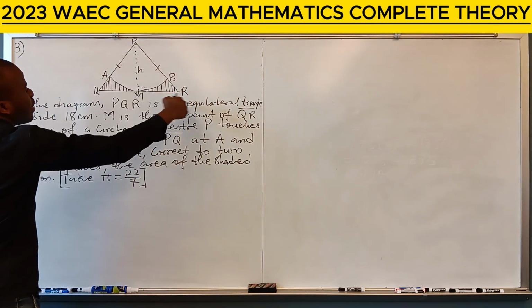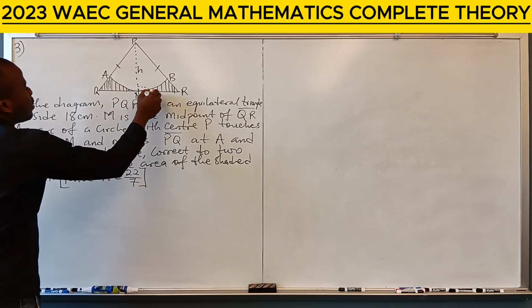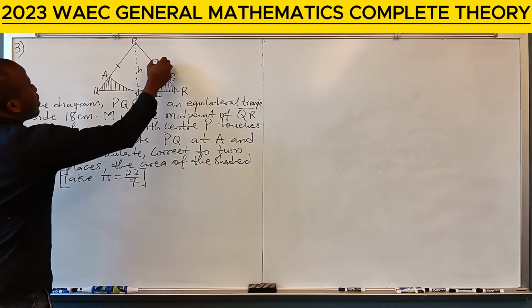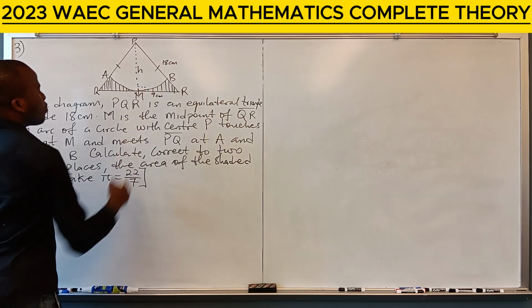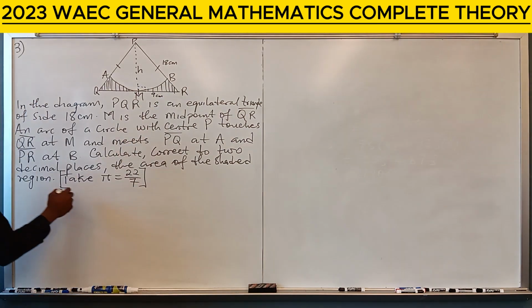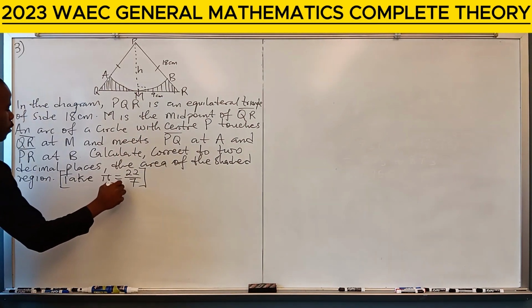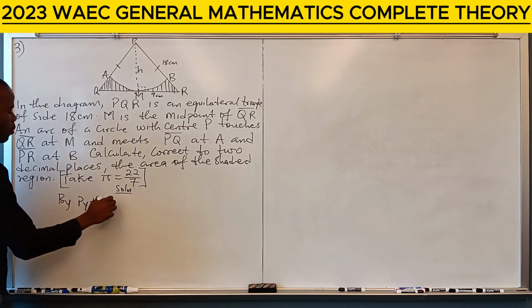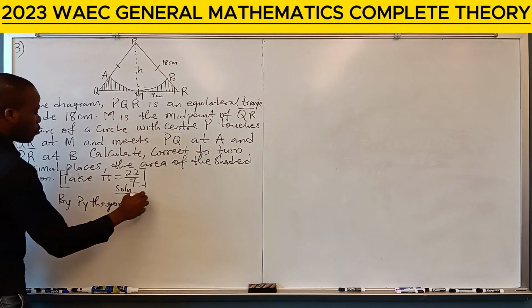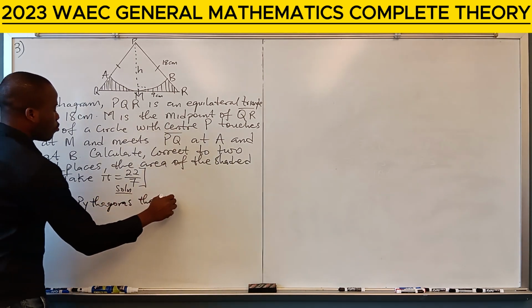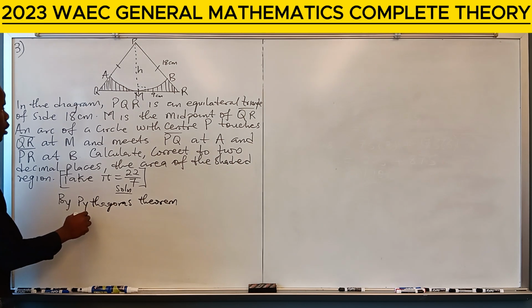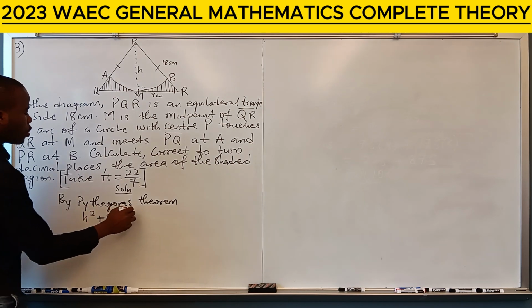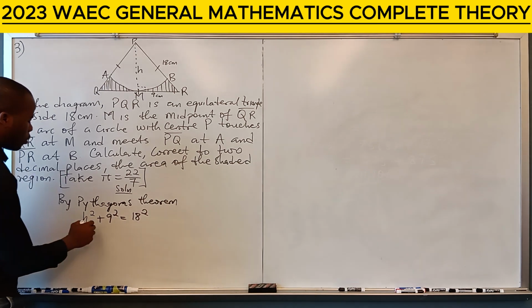Know that here is 18, here will be 9. Here is 18. So by Pythagoras theorem, h square plus 9 square equals 18 square.